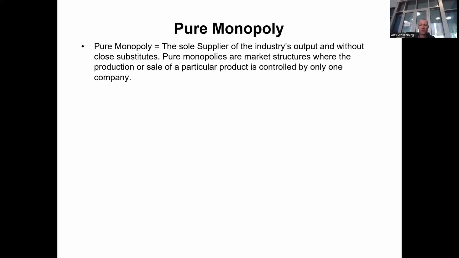There's not really a substitute for the internet. Or if you need electricity, there's no close substitute for it. You cannot use fire instead of electricity, or steam, for instance. So it's a product without close substitutes, and you're stuck with that product. Pure monopolies are market structures where the production or sale of a particular product is controlled by only one company. So the company is the industry.